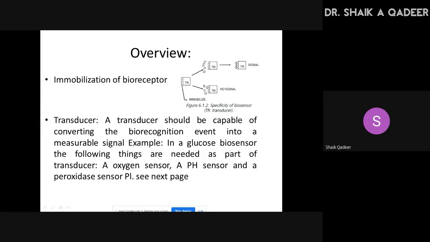If the analyte is going to fit in this area, then we will be able to get a signal at the output in response to the analyte excitation. If the shape of the analyte is not equal to our receptor shape, then the receptors fail to catch the analyte, and we may not get a proper signal at the output in response to the excitation. That is called immobilization of the bioreceptor.